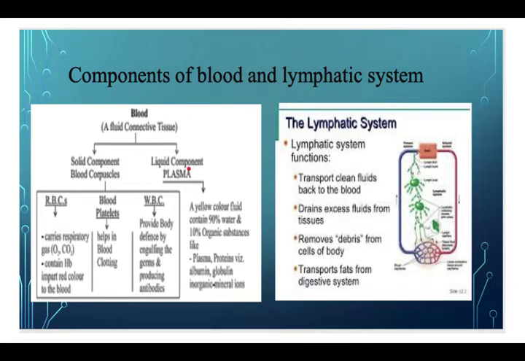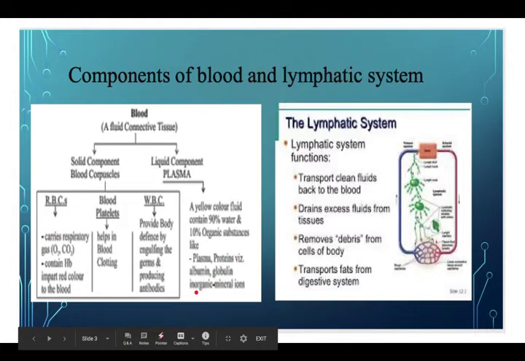And the liquid component of the blood is plasma, which is a yellow colored fluid containing 90% water and 10% organic substances like plasma proteins, albumin, globulin proteins, and inorganic mineral ions.